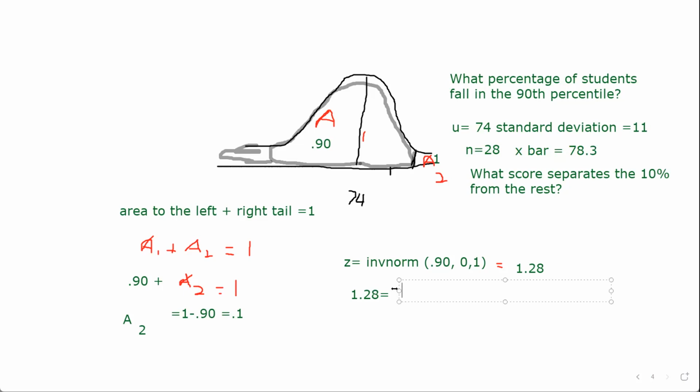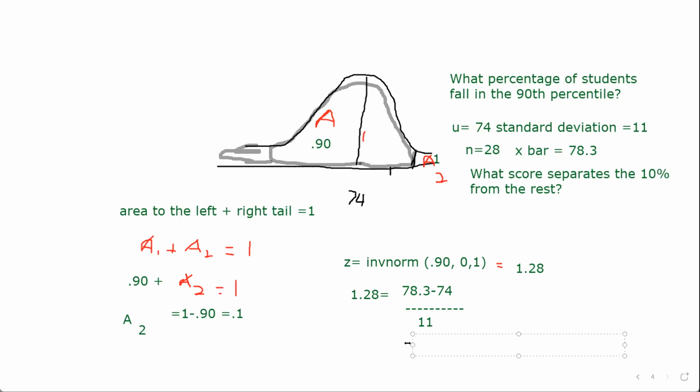X bar is 78.3, the mean is 74, your sigma is 11, and your n is the square root of 28. So you divide that out.